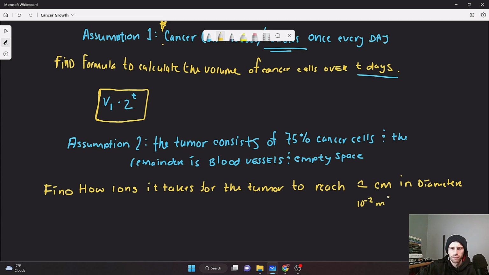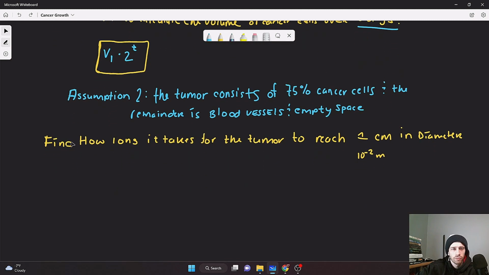And so we could write the volume. How long it takes for the tumor to reach 1 centimeter in diameter, and 1 centimeter in diameter is in volume.